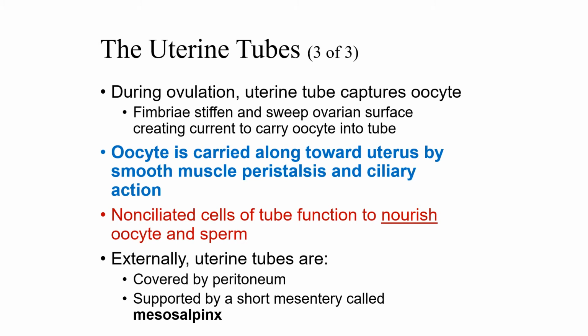There's also smooth muscle peristalsis. And then the non-ciliated cells of the uterine tube are going to provide nourishment. They're going to provide nutrients for an oocyte and the sperm if they're there. Okay.